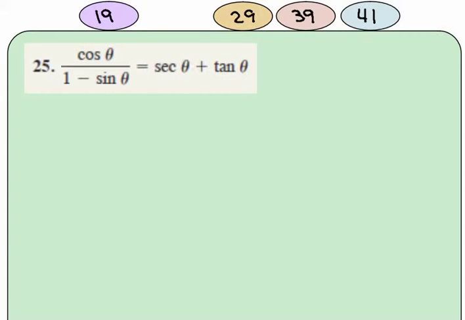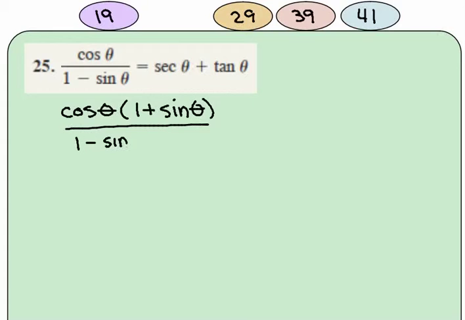cosine theta times 1 plus sine theta. Okay, that's our conjugate, all over 1 minus sine theta times 1 plus sine theta. The conjugate will help us create some identities there on the bottom. So on top, we'll see we have a cosine theta plus sine cosine.